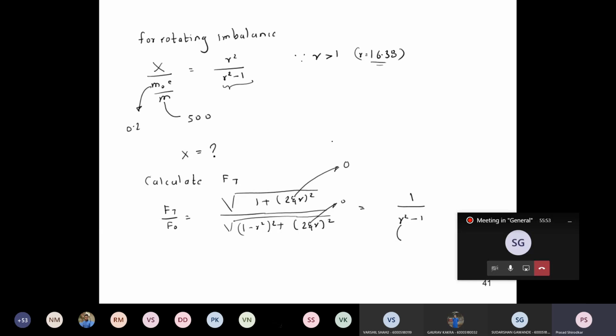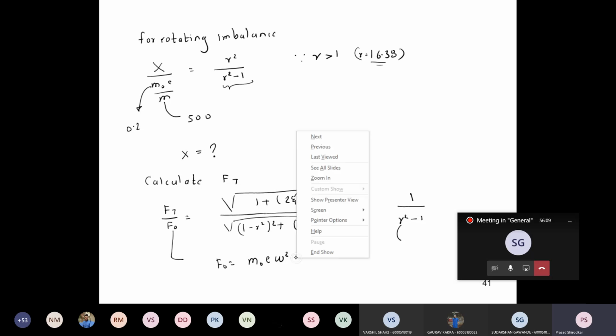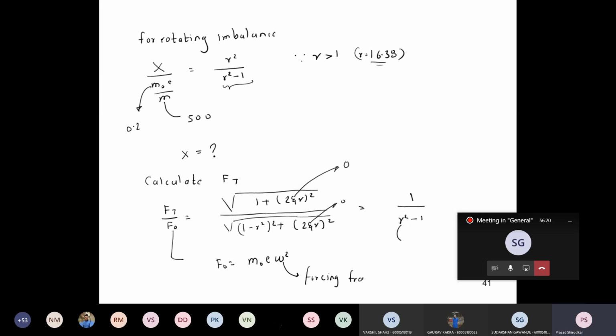You know the value of r, 16.38, and F0 will be m0 e into omega square. That is the rotating unbalanced force, where omega is the forcing frequency, which is already given in the data.